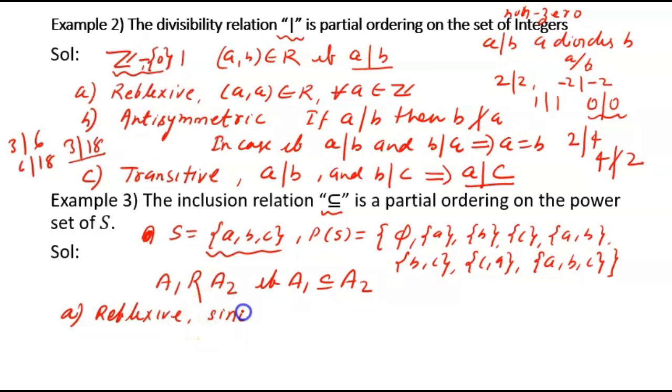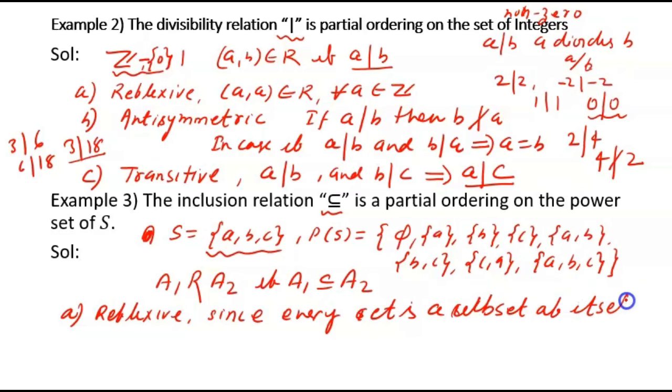Because every set is a subset of itself, right? If I take any element, for example the set A, then A is a subset of A. So every element is related to itself, so it is reflexive.